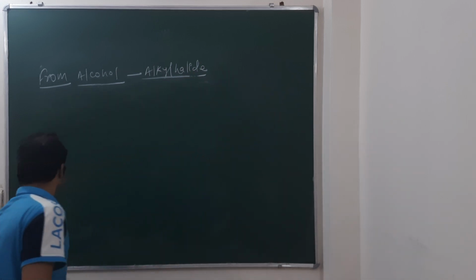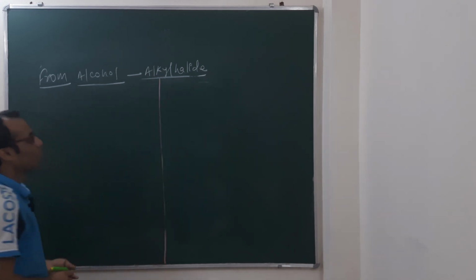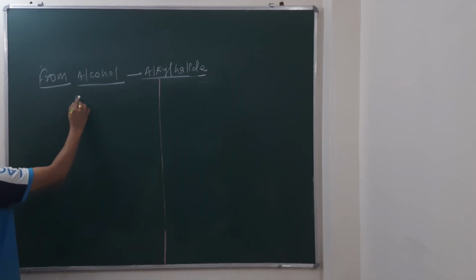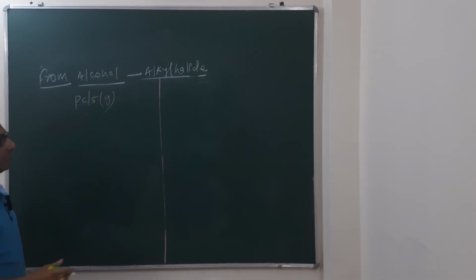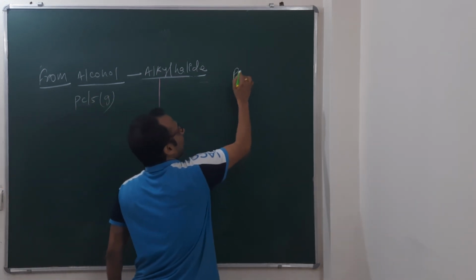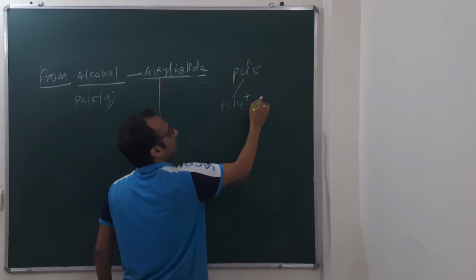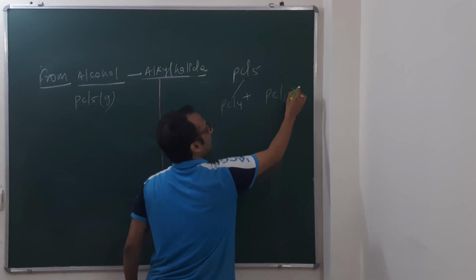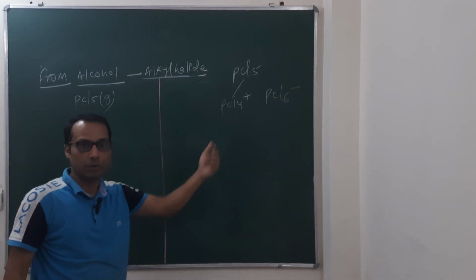Both the mechanisms parallelly we understand. One will take the PCl5 gas. Second, student, PCl5 will dissociate as PCl4 plus and PCl6 negative. You will understand this how to break in the inorganic P block.